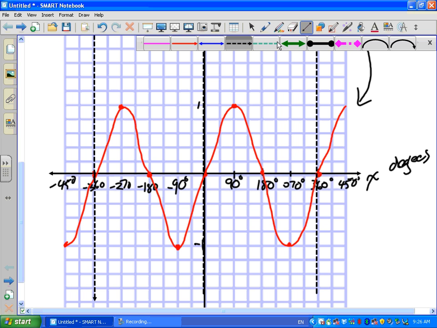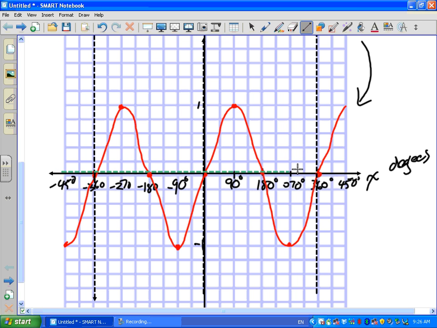So we will use green, I guess. Our equation of the axis is right through the middle there. Our green represents the equation of the axis. Okay? Right now it's at 0. That means the distance to the peak, here's one of our peaks, and one of the troughs is the exact same.